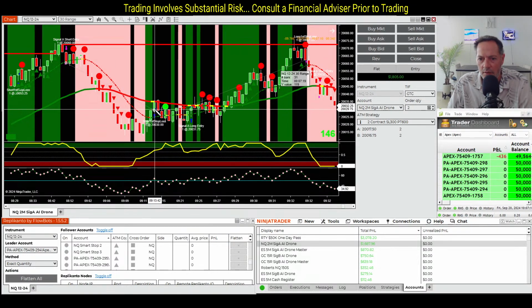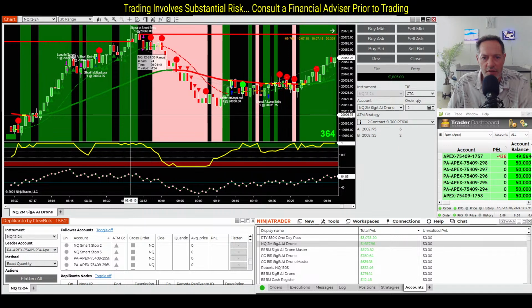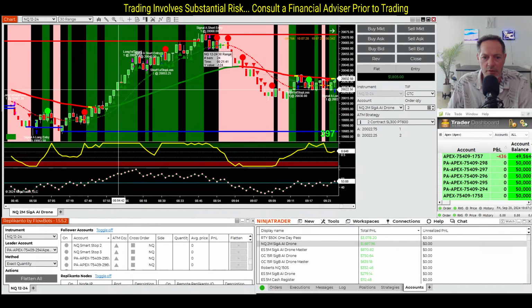Stopped right here. Another 124 ticks on that one. So it caught those two big ones right there. Oh, here's another one. Ooh, this is a big one right here. This one's huge. So it entered there. It looks like it got the target right there. 183 ticks. So this is the NQ 2-minute Signal A AI drone.